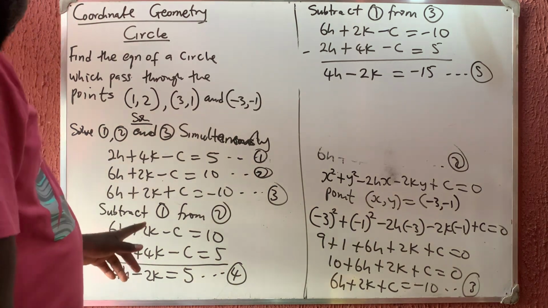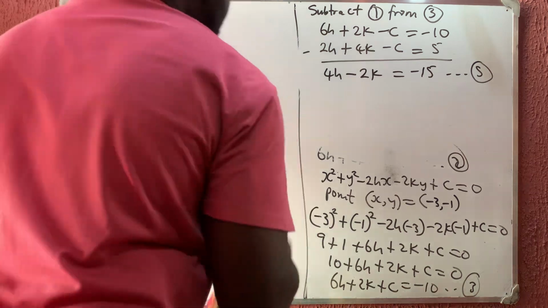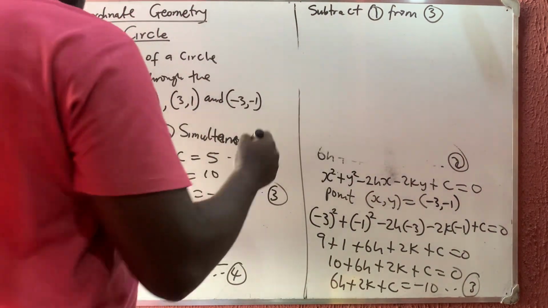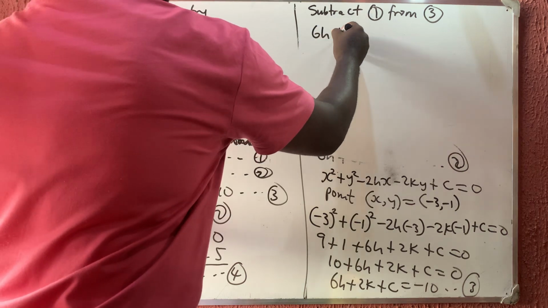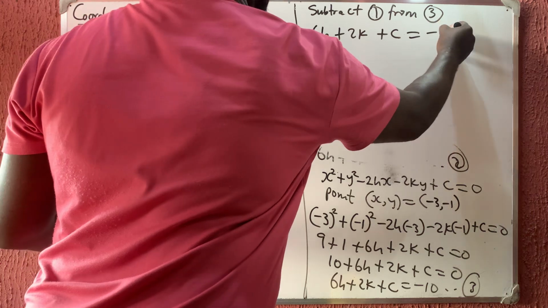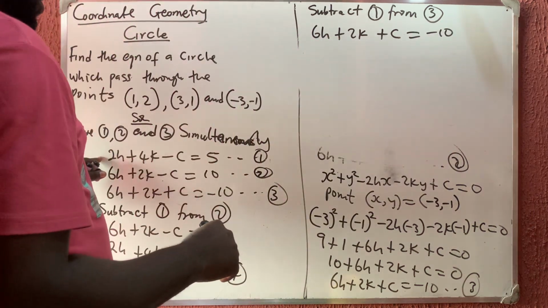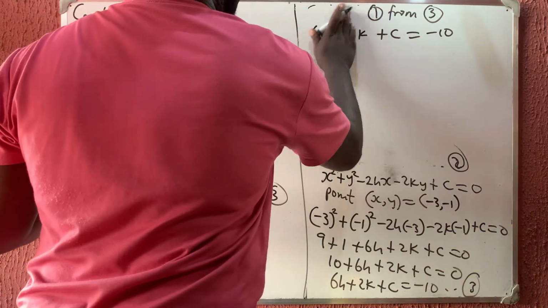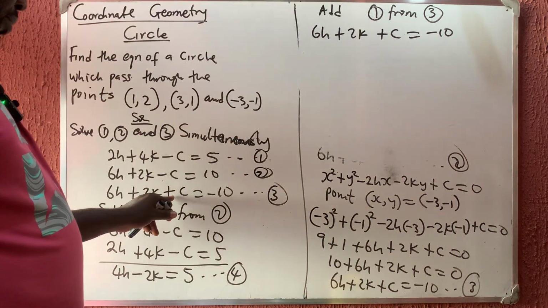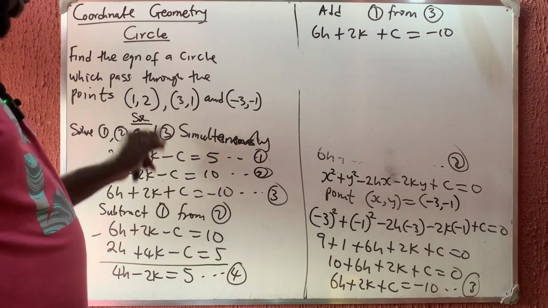If that is the case, let me write this. Sorry. So this is 6h plus 2k plus c is equal to minus 10. Now I'm not subtracting, I'm going to add, because their signs are not the same. I'm adding because this one is plus while this one is minus, so I want to eliminate them.